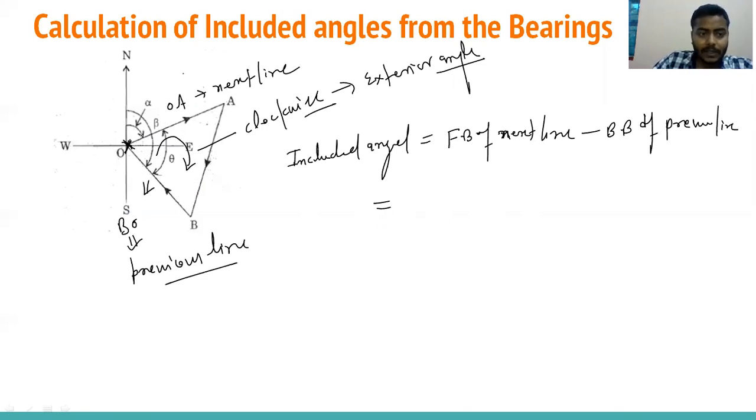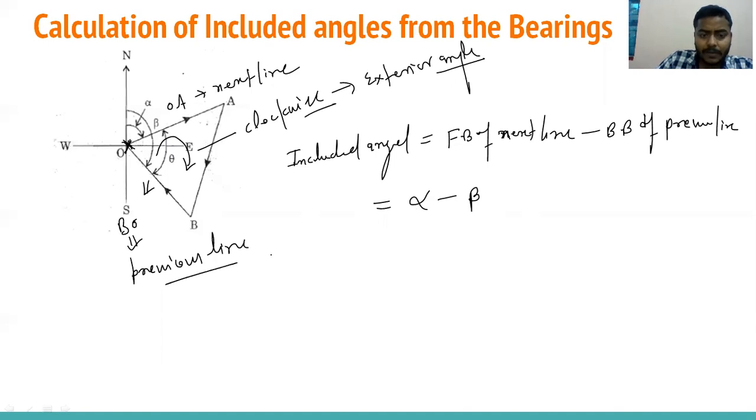So we can calculate the included angle at O. Fore bearing of next line, that is OA, so we can write alpha, minus back bearing of previous line. Previous line is BO. What is the back bearing? That is beta. So we calculate alpha minus beta. Once this value is coming negative, then we will add 360 degrees to it. Are you getting the point?